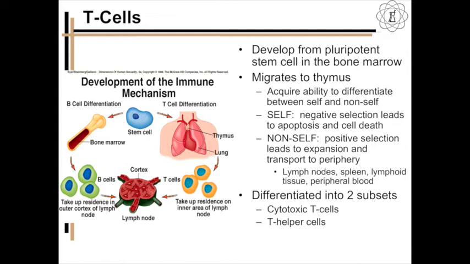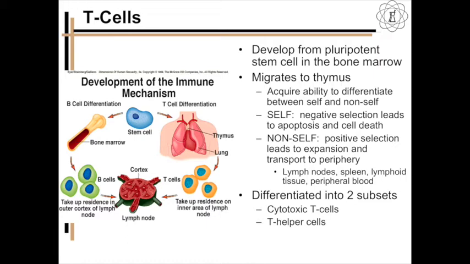For the ones that recognize non-self, we have what we call positive selection. We recognize this and say, oh wait a minute, these T cells might actually be useful to us in the big picture. Let's make more, and we will hold on to them. Usually you make more T cells and they move out to the rest of the body.